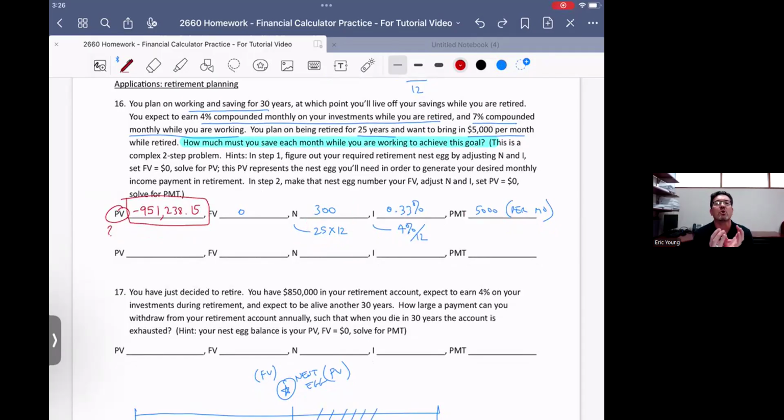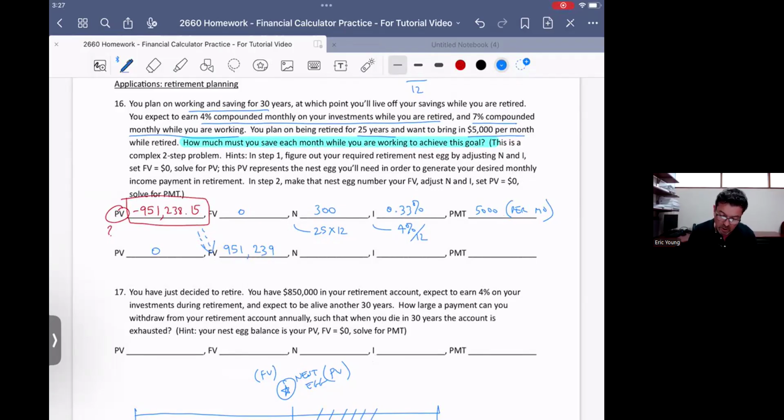So that becomes your present value on the first day that you retire. But notice that while you're working, that's the amount that you're saving toward. So your future value while you're working is 951,239. We'll assume that you have no savings, so your present value is zero.